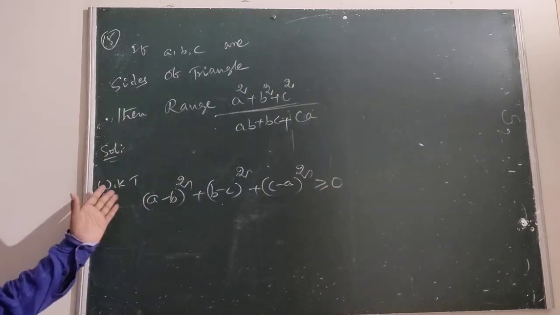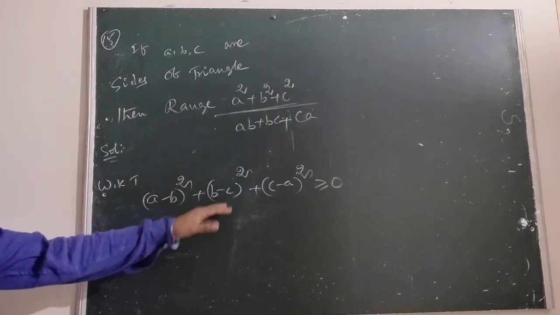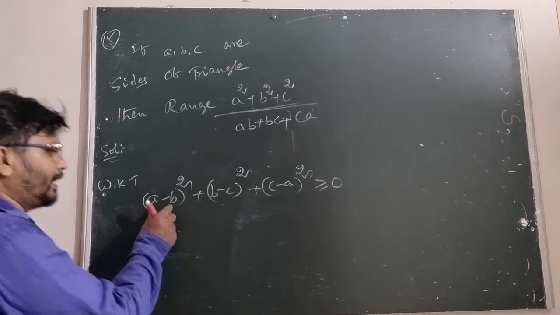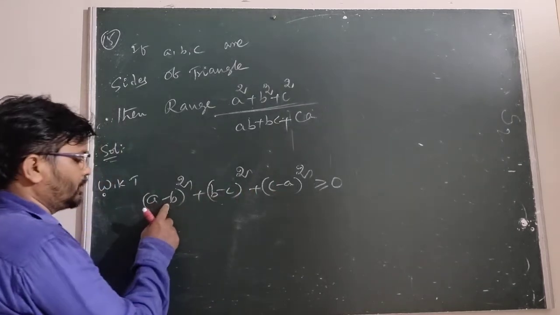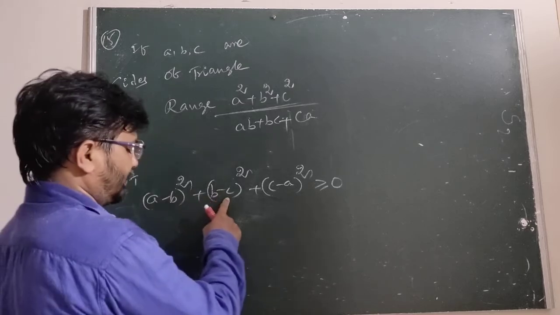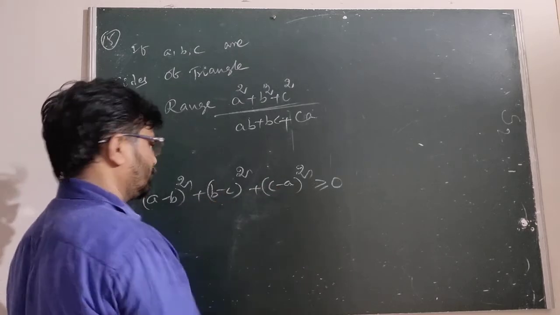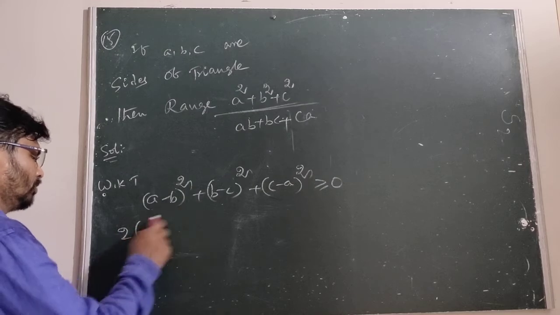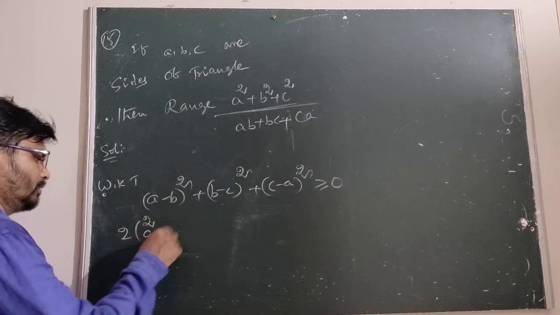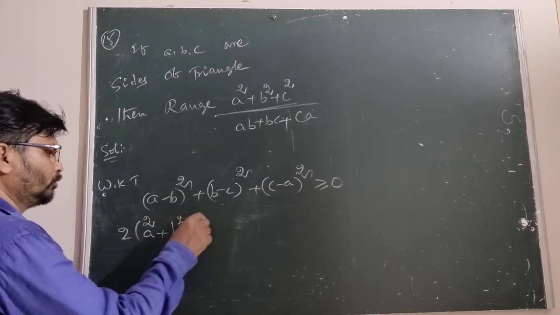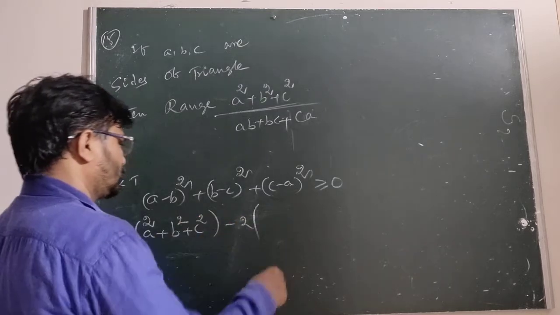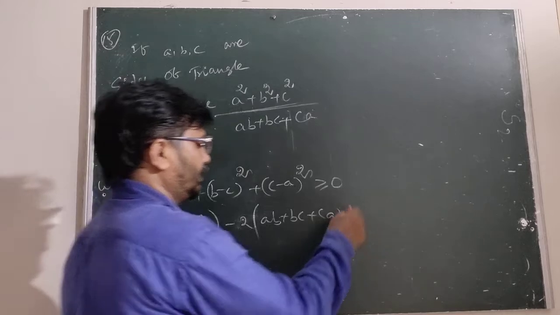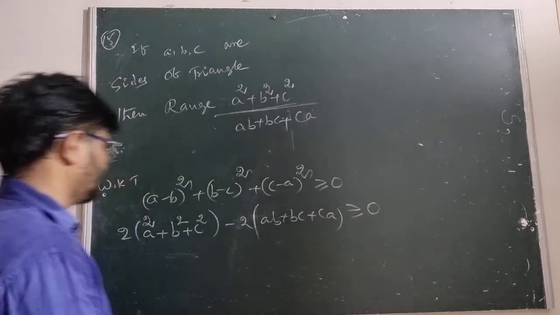We know that A minus B whole square plus B minus C whole square plus C minus A whole square is greater than or equal to 0. Now expand these: A square plus B square minus 2AB, B square plus C square minus 2BC, C square plus A square minus 2CA. We get 2 times A square, 2 times B square, 2 times C square, minus 2 into AB plus BC plus CA is greater than or equal to 0.